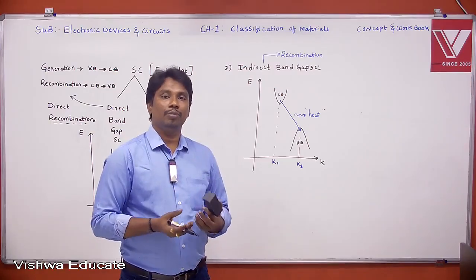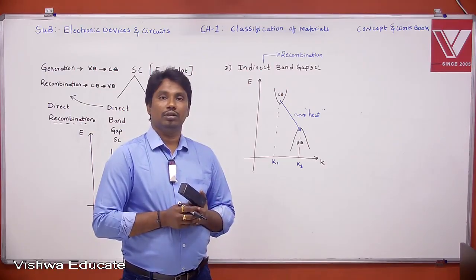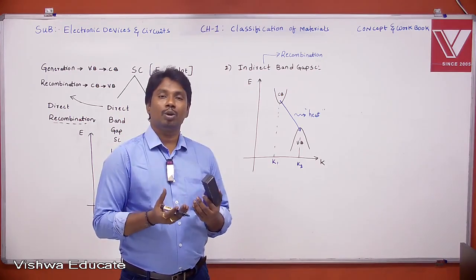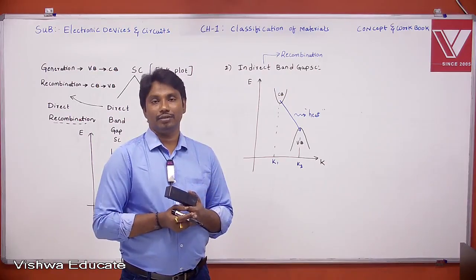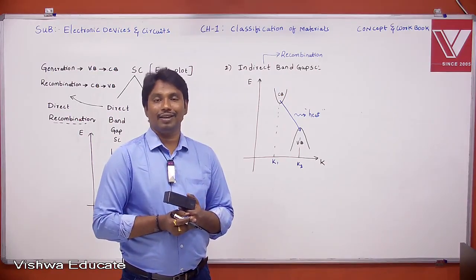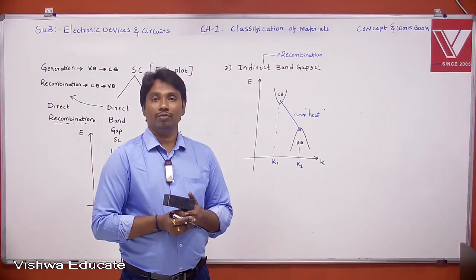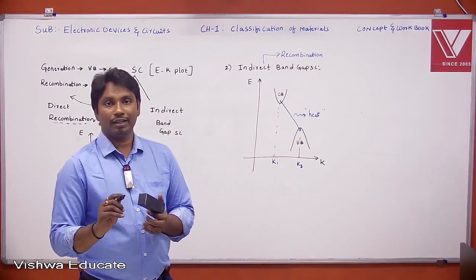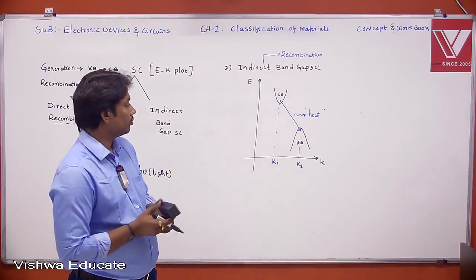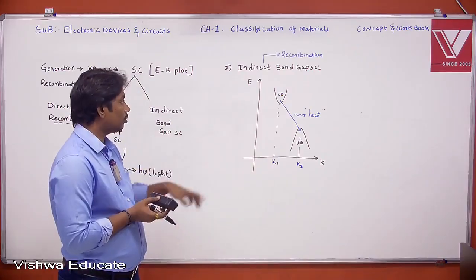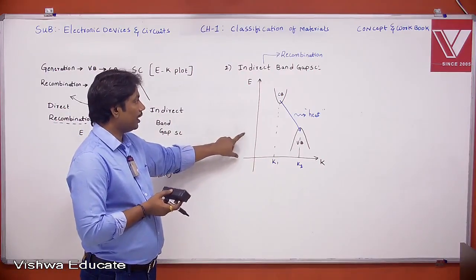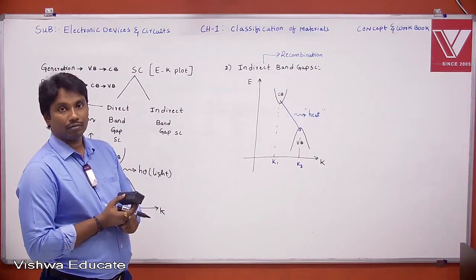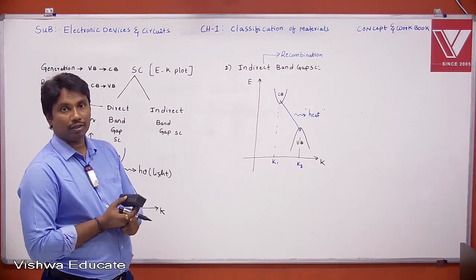During indirect recombination, the electron releases the energy in the form of heat. Yeah, underline in the form of heat. Now copy the EK plot for indirect band gap semiconductor. Copy the indirect band gap EK plot.